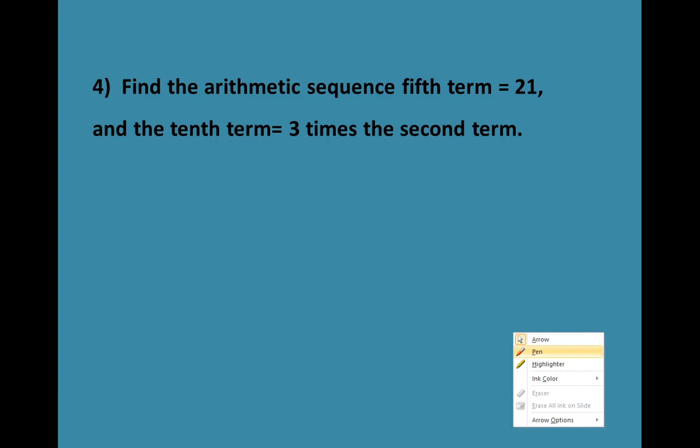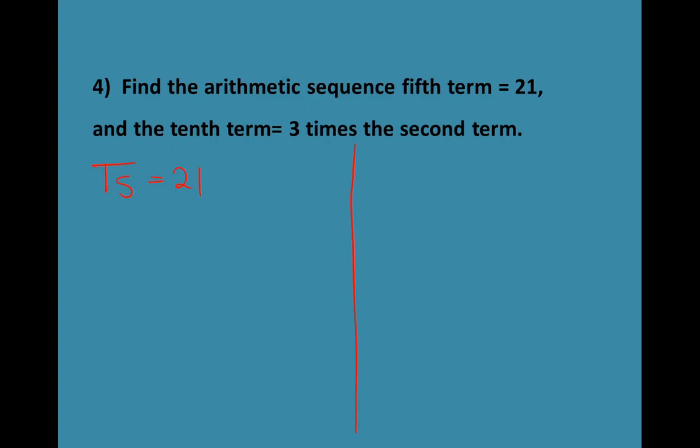Here T5 equals 21. I'll separate this page to write completely the problem. T5 equals 21, then A plus 4D equals 21, and this is the first equation for this sequence.